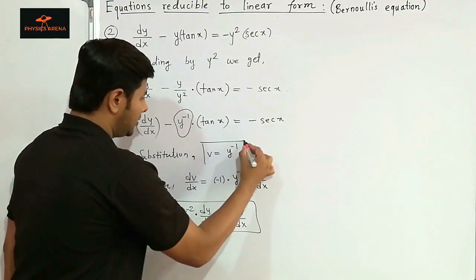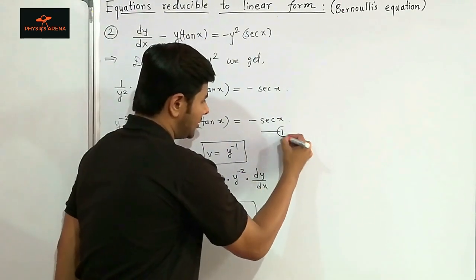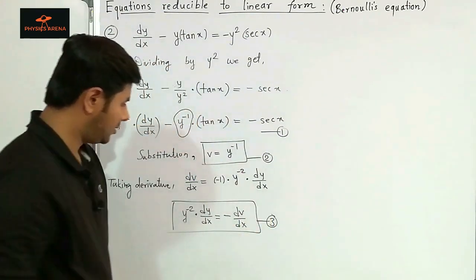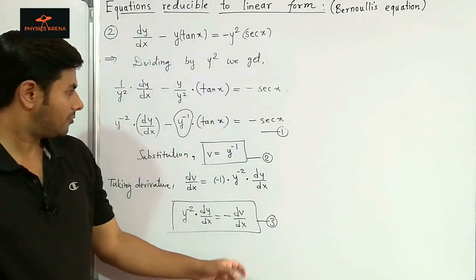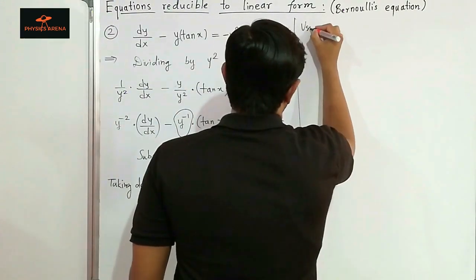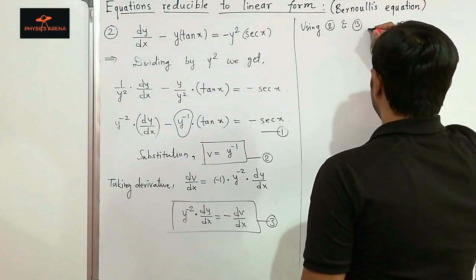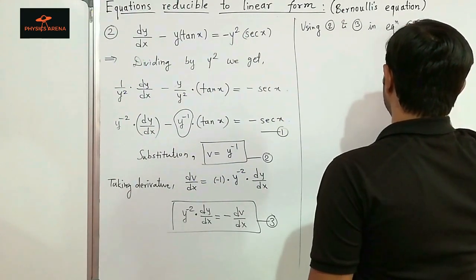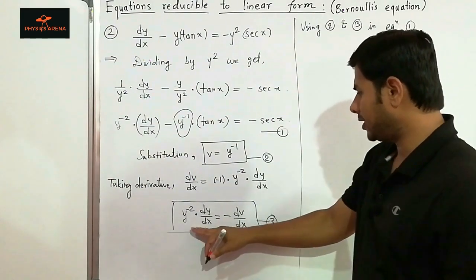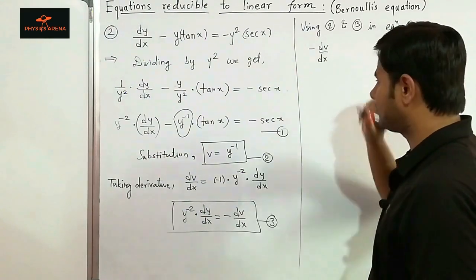So we need to substitute this and this in this equation. So let's call this equation number 1. This equation is 2. This equation is 3. So using 2 and 3, we can rewrite equation 1. In equation 1, the equation becomes, using this, minus dv over dx.